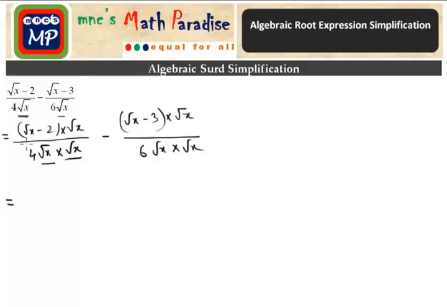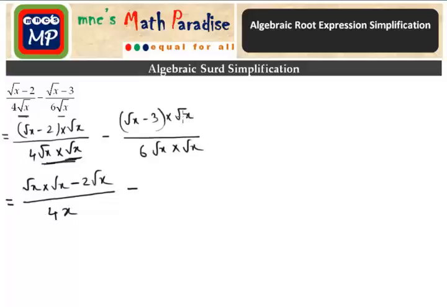Now if we distribute this root x over this expression, we will get root x times root x, minus 2 times root x, division 4, and these two root x multiplied together will give us x, so we will get 4x.